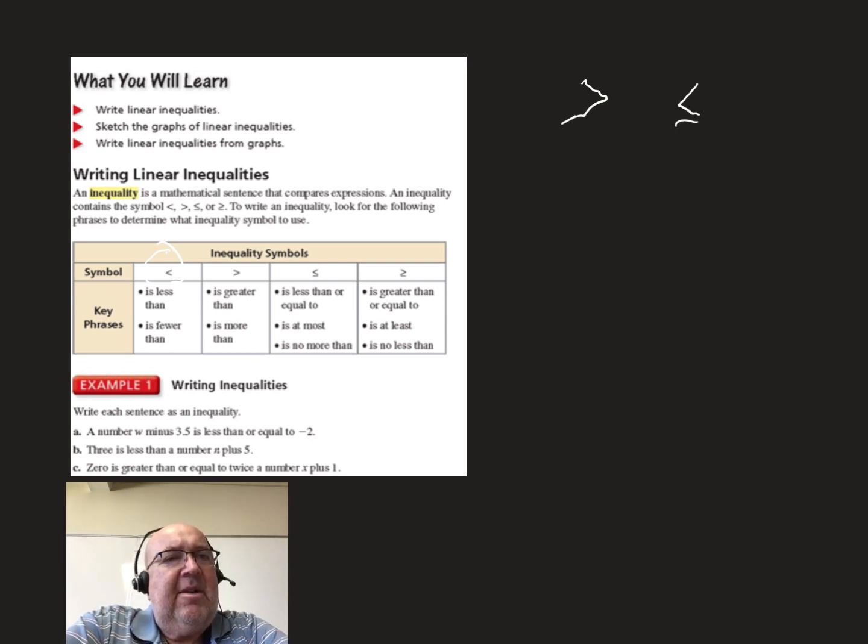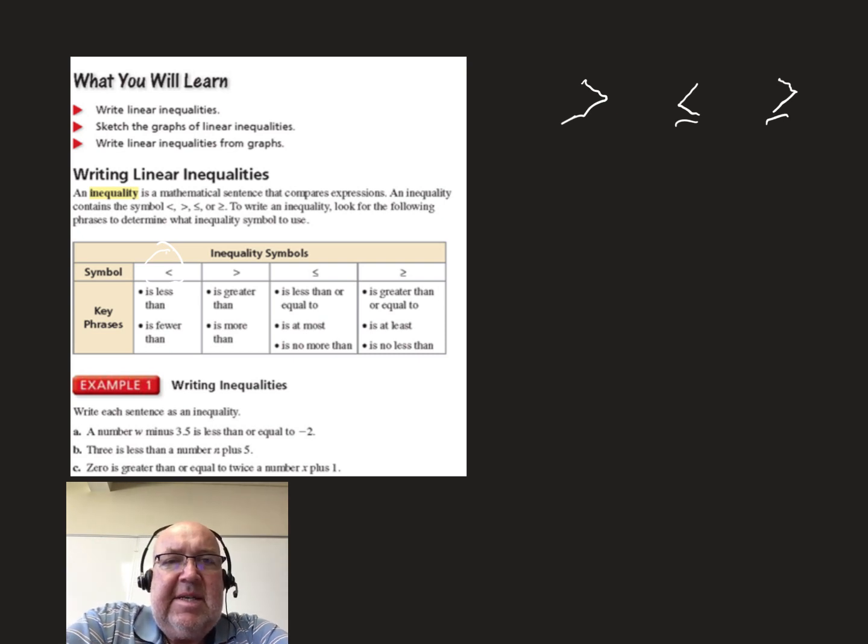Likewise, if your inequality points to the right, whatever is on the left is greater than or equal to what's on the right. Whatever is on the left is the greatest or is at least that number, or is no less than what's on the right.